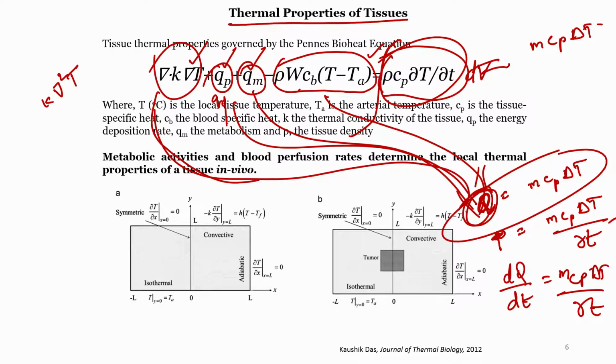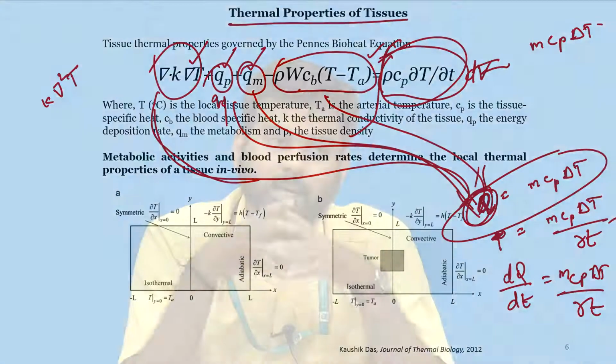There is internal metabolic heat generation, there is internal deposition of external heat to the tissue, there is internal conduction of the heat that is generated throughout the tissue, then there is the separate physical conduction by contact, then there is separate convection, convective or conductive heat transfer by the blood vessels from the site of heat origin to the different parts of the tissue. All these competing phenomena contribute to the heat capacity or the changing heat properties of the tissue. This is how you should talk to somebody.